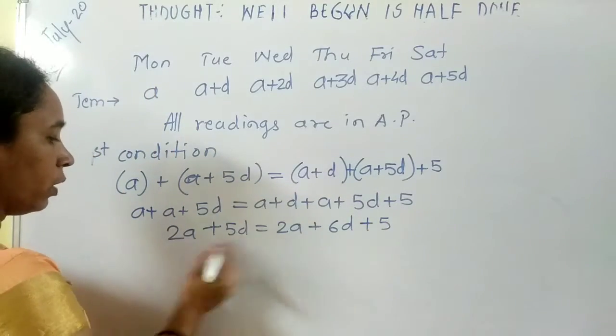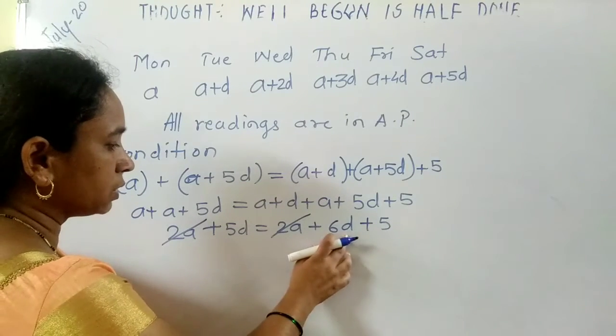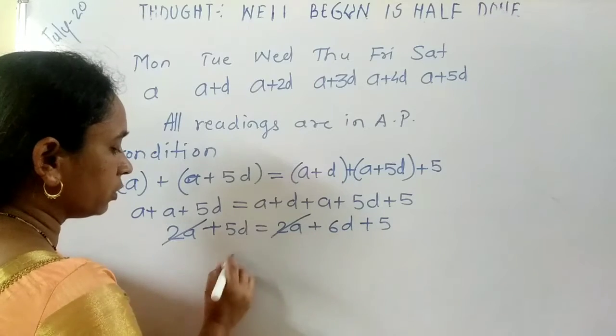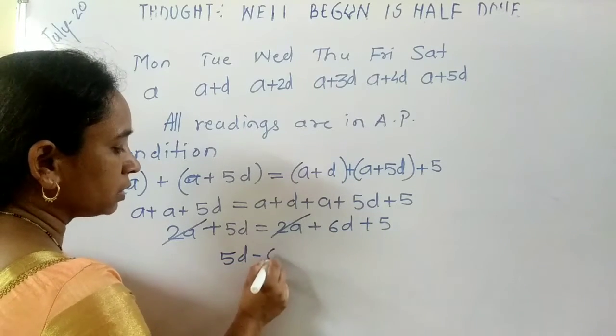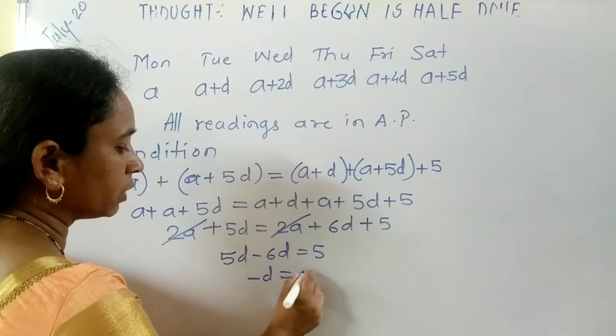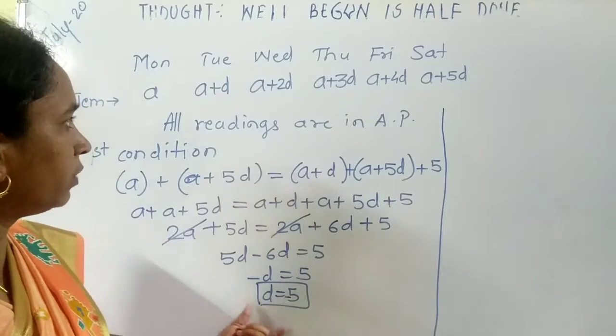Transfer 2A, on both the sides it will be cancelled. Transfer 5D to this side. So 5D minus 6D is equal to 5. That means minus D is equal to 5. So we have got D's value, negative 5.